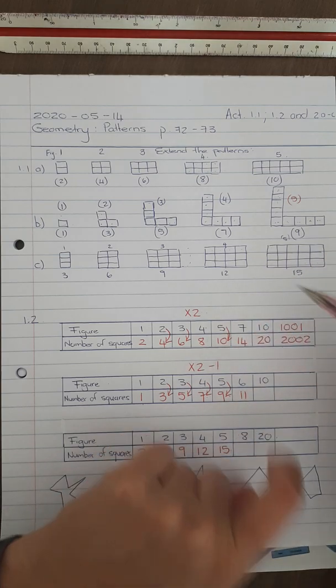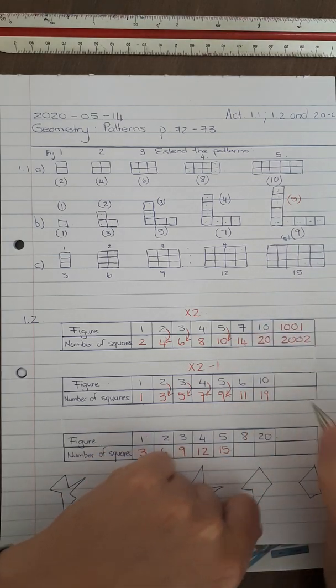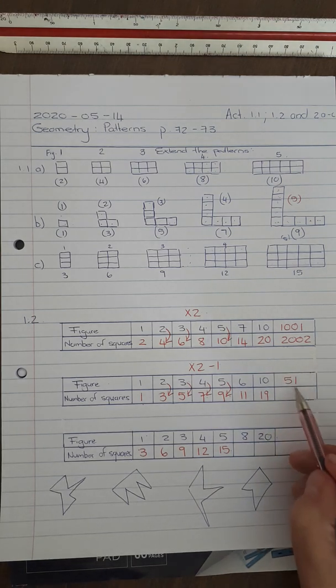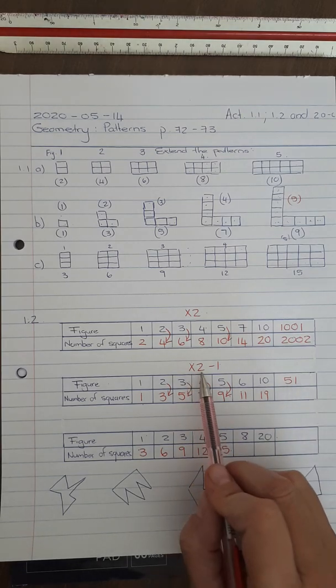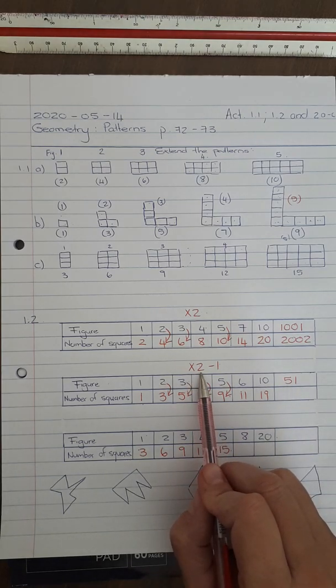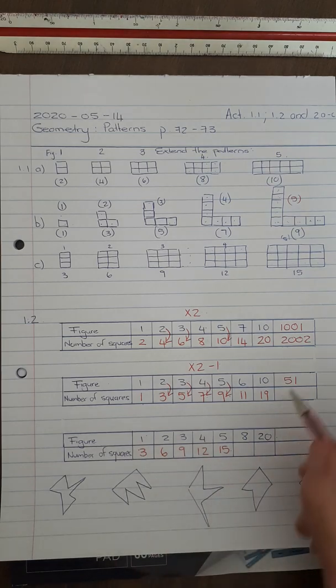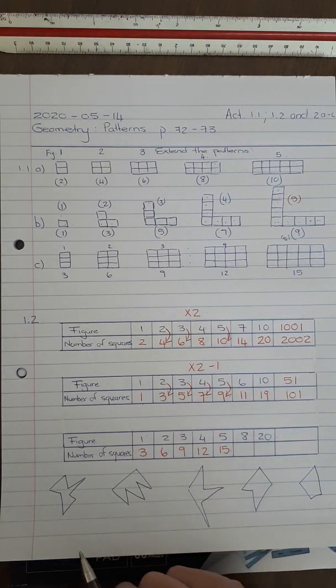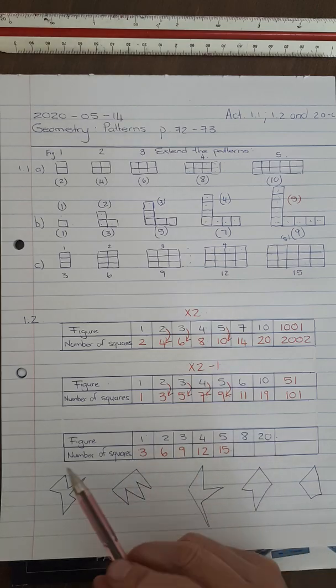Minus 1, 19. So now if I asked you what happened in pattern number 51, then you just say, well, 51 times 2 will give me 102, minus 1, 101. Do you understand that? I hope so. Let's do another one.